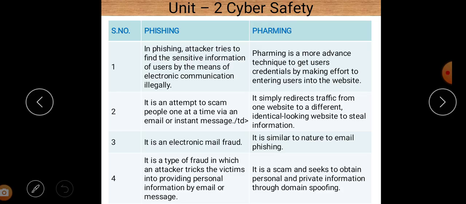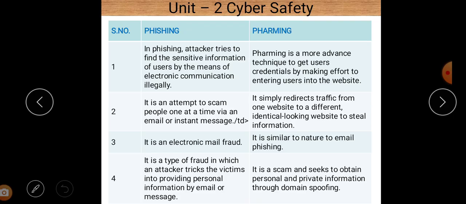In both of them information theft is there, but in phishing the attacker tries to find the sensitive information of users by means of electronic communication illegally. And pharming is a more advanced technique to get user credentials by making an effort to enter the user into the website. So users basically send their information by electronic means.